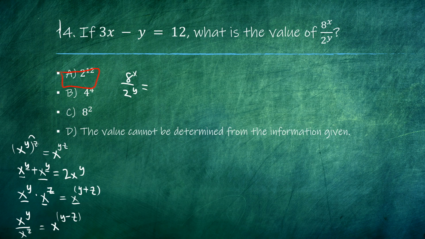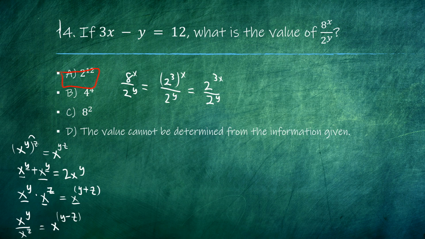And one thing is, we know that 8 is just 2 to the third power, and to the x over 2 to the y power. So that's simplified as 2 to the 3x power over 2 to the y power.